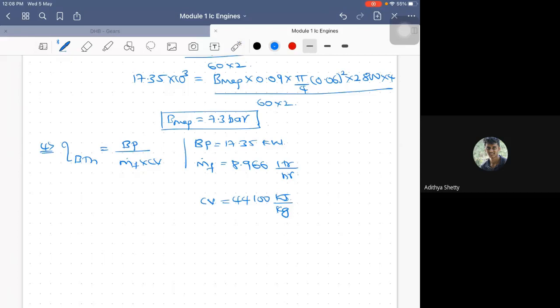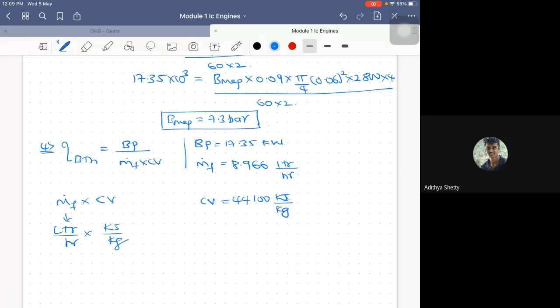So just check the units. MF is in liters per hour, isn't it? Not at all possible. Into CV, which is kilojoules per kg. Nothing can be done, isn't it?